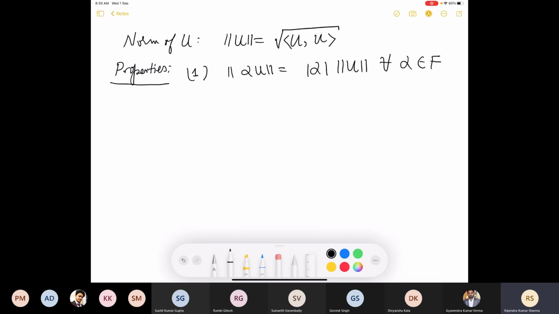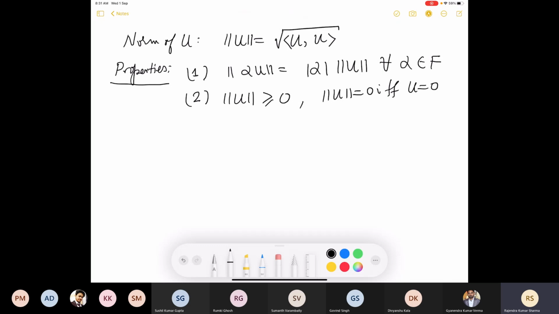So this mod alpha is always a real number. The second thing you can see is that norm of u is always greater than or equal to 0, is a real number, and this norm of u is 0 if and only if u is 0.